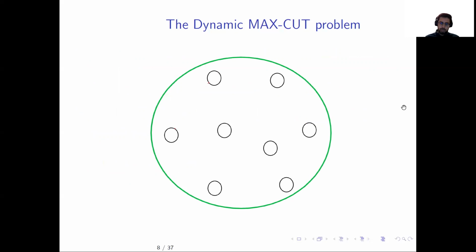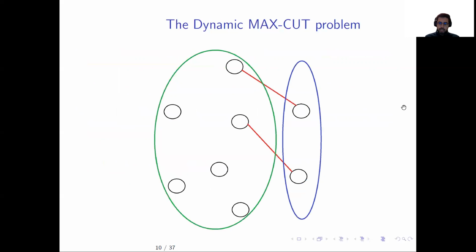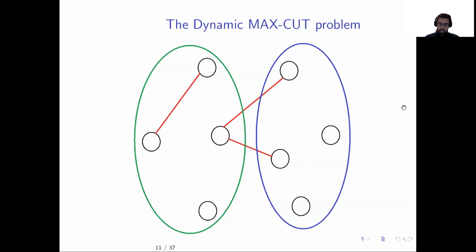So in the dynamic max cut problem, we have an empty graph initially, and there are edge updates going on. We would like to maintain a half-respecting cut. We'll just try to get algorithms which maintain a half-respecting cut after each edge update in the graph.